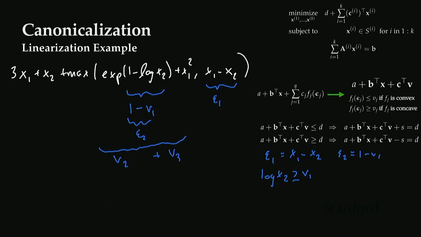With what new constraints? So the max of epsilon2 is less than or equal to v2. What does the other constraint look like?